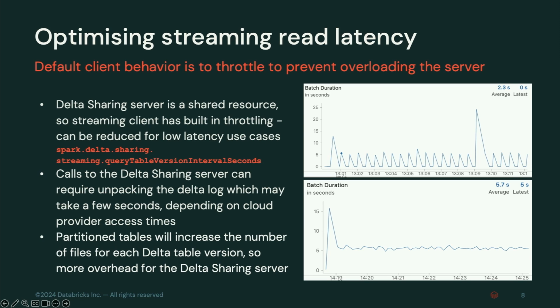For example, if you're writing to a Delta table partitioned by business unit, and you've got 20 business units, then potentially every Delta table version may write a new file into each business unit's partition. So when the streaming jobs come along and consume from that, instead of consuming just one file, they're going to have to consume 20 files. And that puts an overhead on the Delta sharing server, which has to generate those URLs. So worth bearing that in mind as well.